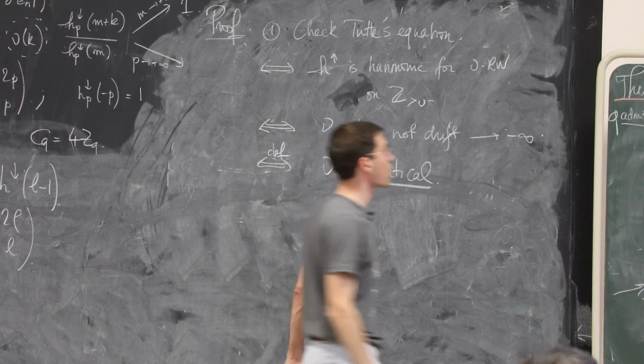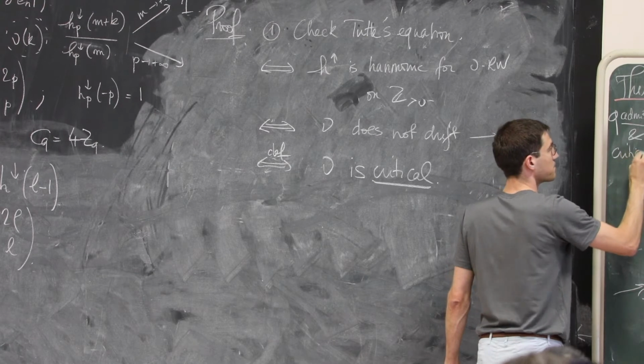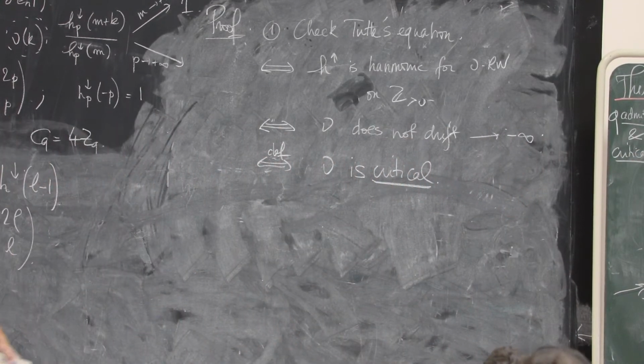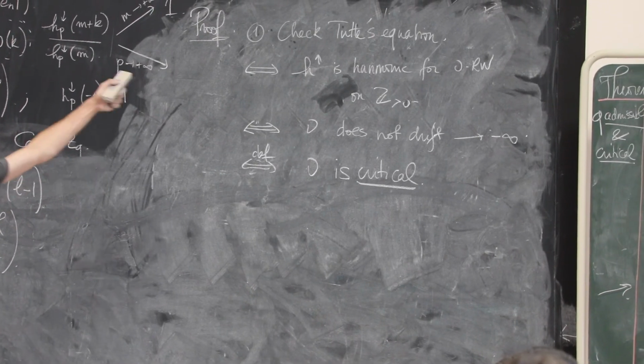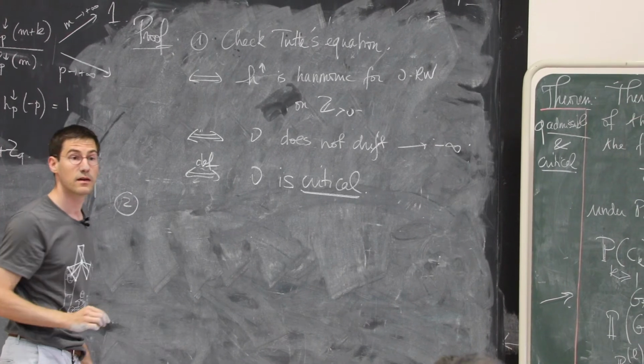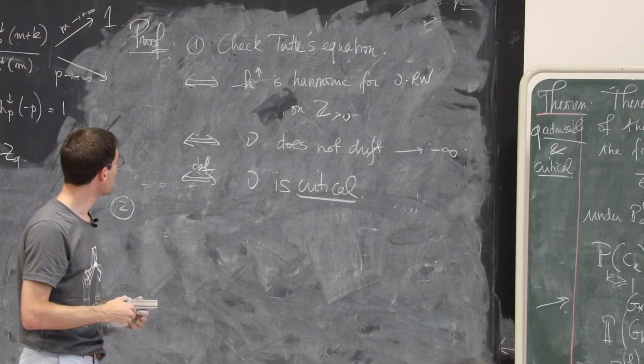Okay, so add in the theorem, Q is admissible and critical. So, yep, that works. Tutte's equation is checked. Yes? So mu is critical or Q is critical? It's the same.